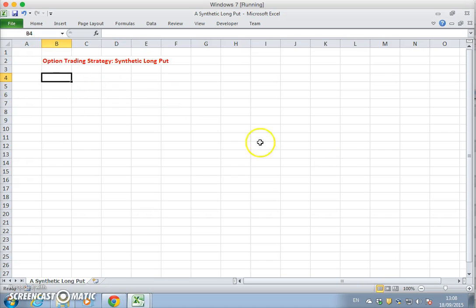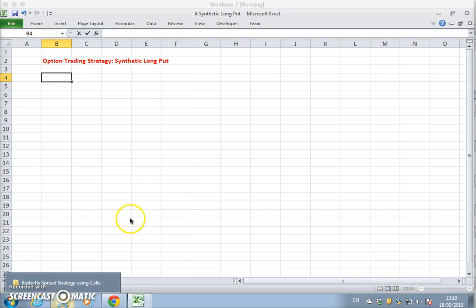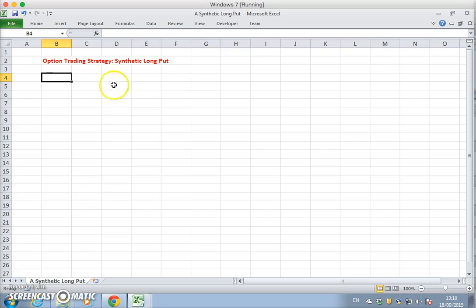In principle, he could long a call position and short a stock, and the combination of those two would produce an overall portfolio equivalent to a long put option. So now to set this out, it requires that we set out the Black-Scholes model, and we'll have a look at that. So let's set up the Black-Scholes model.